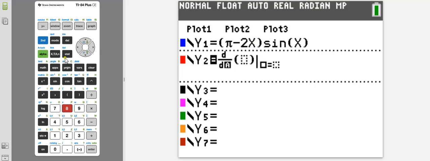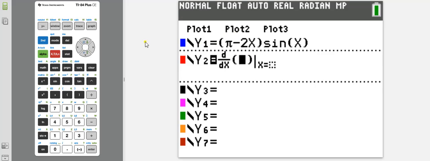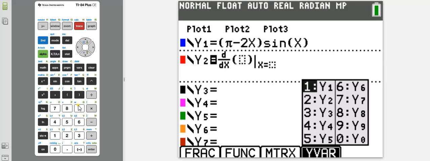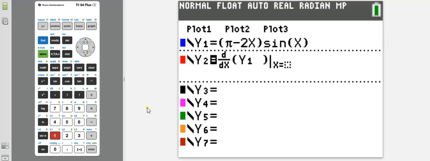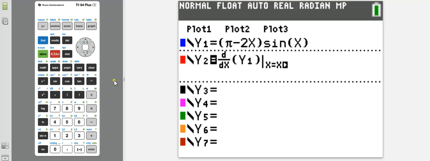Our variable is x, so we're going to find the derivative with respect to x. What do we find the derivative of? We find the derivative of y1. So instead of putting this whole thing again, we want to choose y1. So press alpha, trace, and click number 1 for y1. And then you're graphing the derivative for all the x values, so we're going to put x over here.